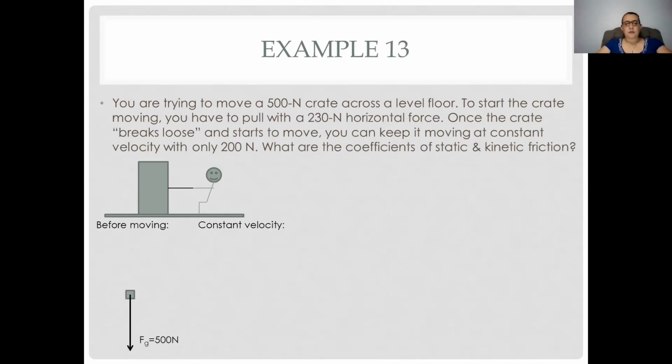So before it's moving, we have its weight, the force of gravity pulling down 500 newtons. We have the normal force from the floor, again, 500 newtons, because this crate is not moving up or down, just sideways. We are pulling on it with a force of 230 newtons.